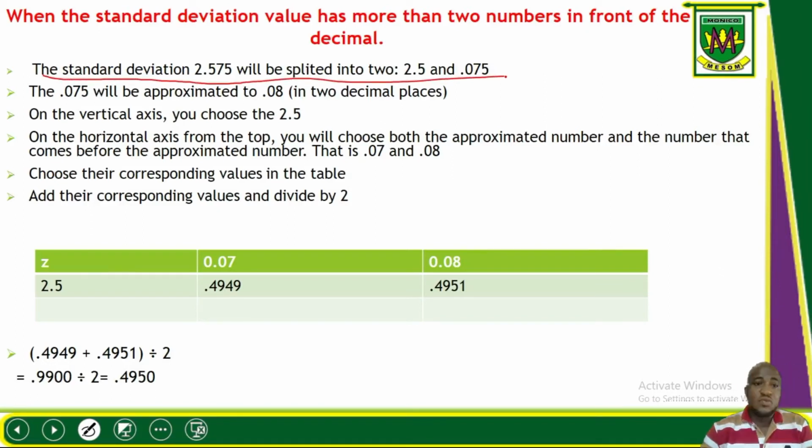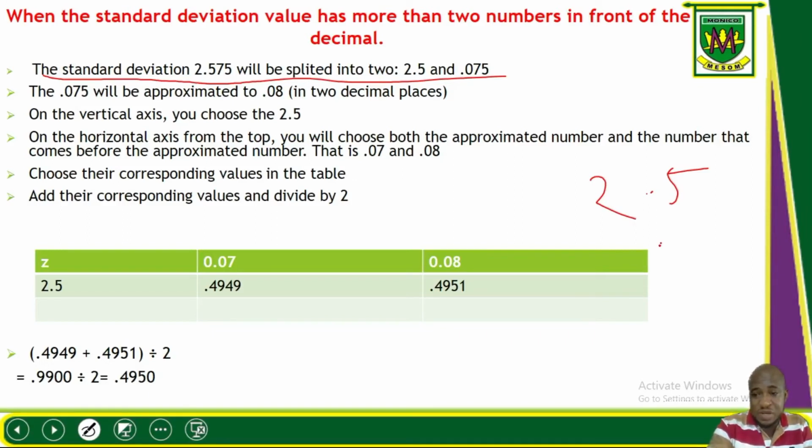Here we have 2.575. Splitting this into 2, for the vertical side we will get 2.5. And for the horizontal side, we are not going to get this value there because the values there are in 2 decimal places. So let's do the splitting first and see.